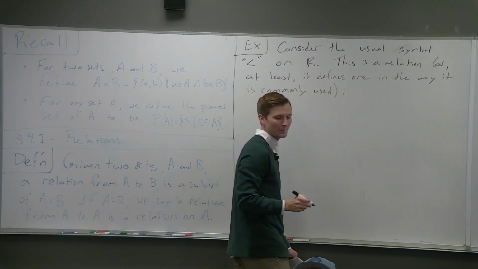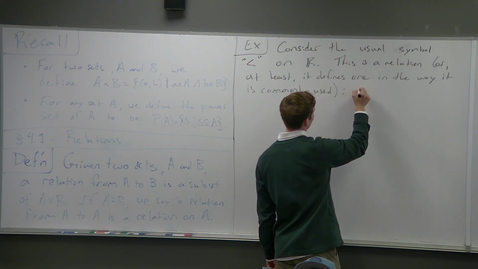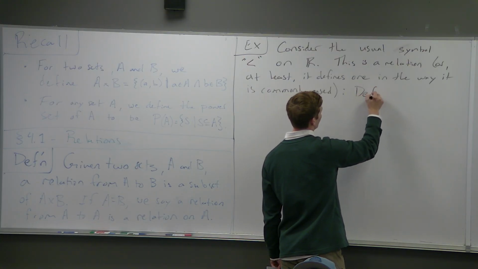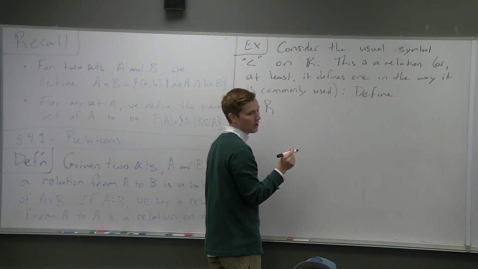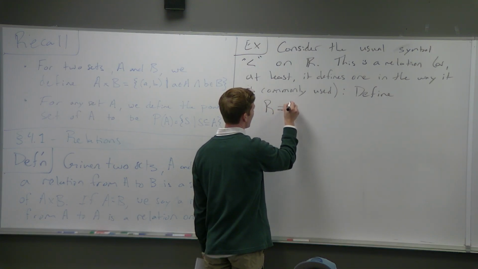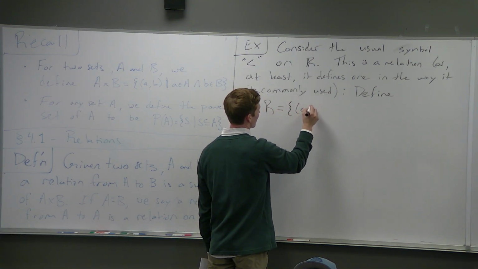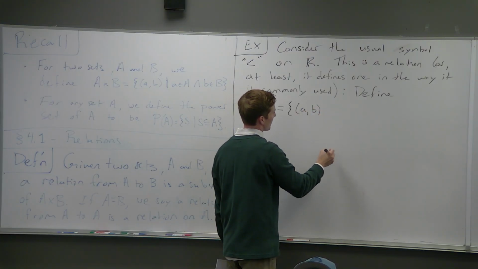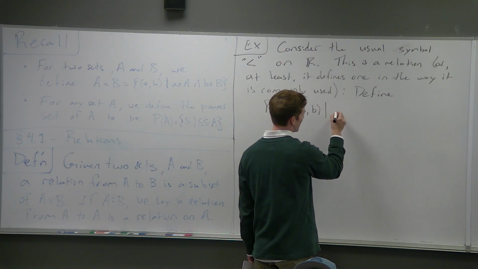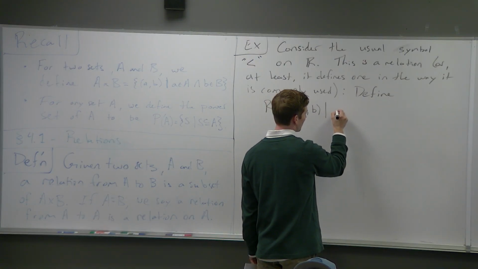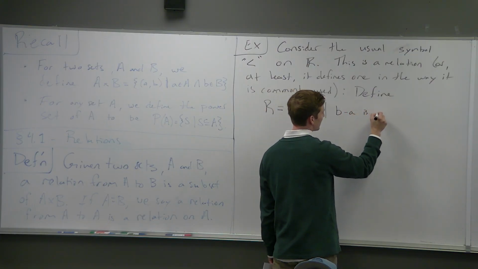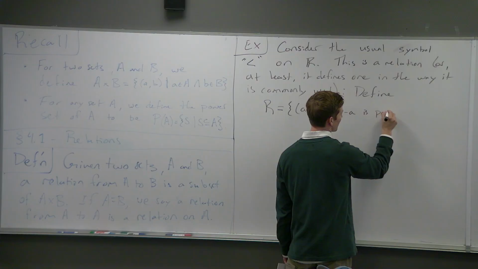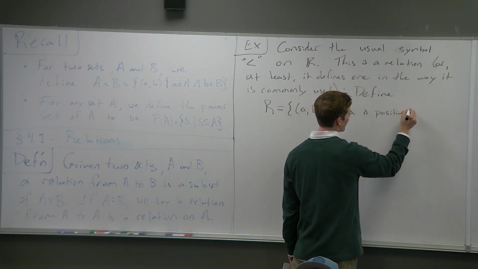That is, we define a relation R here. Let's call this subset to be the set of ordered pairs (a, b) such that b minus a is positive.